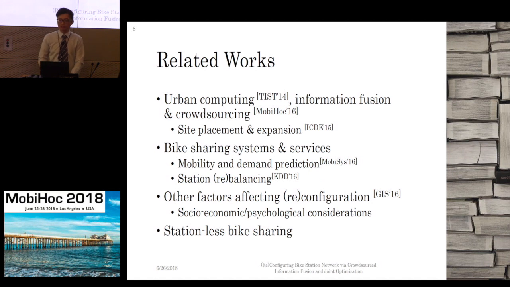Despite many recent studies over mobility and demand prediction, few of them have directly considered how to realize the success of the reconfiguration combining different factors. There are also other factors affecting the reconfiguration here, including social, economic, and psychological considerations. Our work is still general enough to accommodate the above.